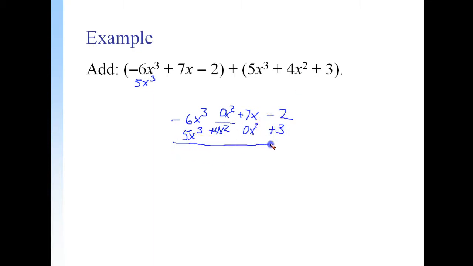Now, these are sort of easy, and you probably don't need to do it here, but I'm showing you a technique for doing when they get a little more complicated. So this becomes a negative x to the third, a plus 4x squared, plus 7x, and a plus 1, as I just add my like term columns.